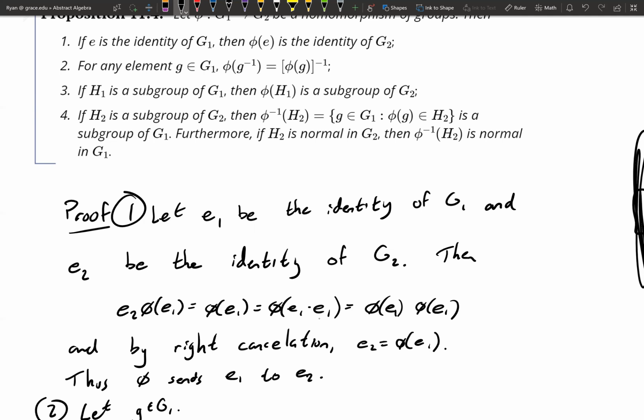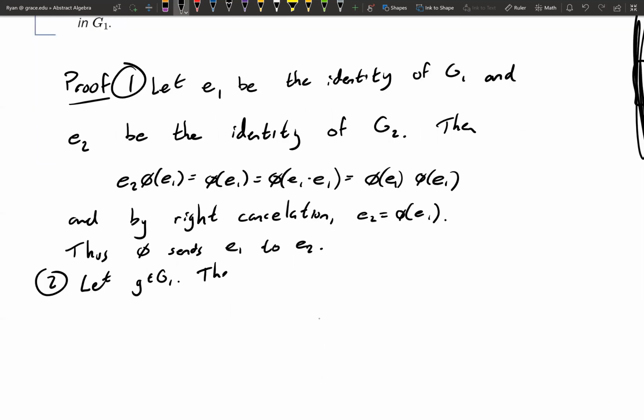So to show that this is equal to that, take this times what's inside the brackets, see if you get the identity. So phi of G inverse times phi of G, well, it's a homomorphism, so it's phi of G inverse times G. Well, that's equal to phi of E2. And I forgot to introduce E again.